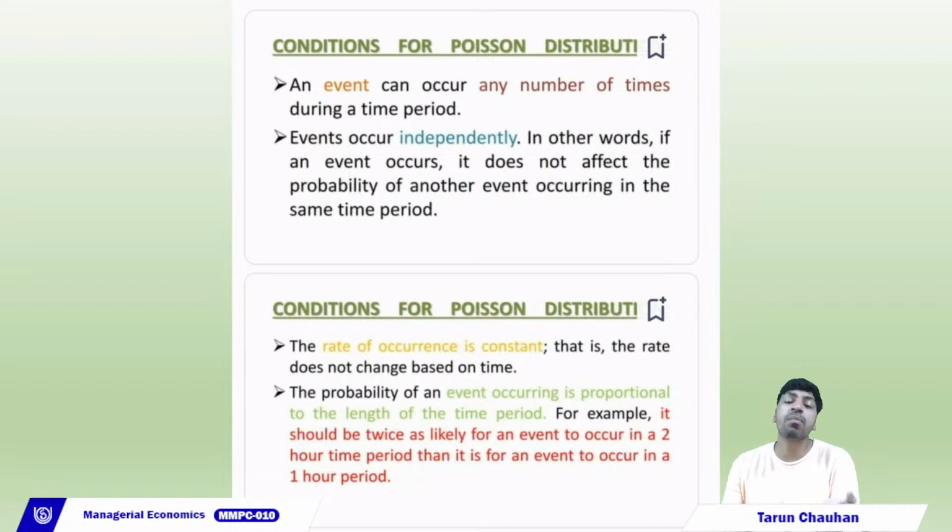When we talk about the Poisson distribution, we are not talking about success and failure, or head and tail. We are talking about calculating the probabilities of various events occurring in the world, in India or any other country or region, and that is where we use the Poisson distribution.